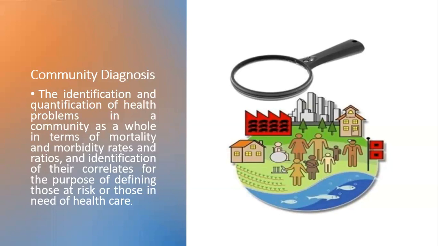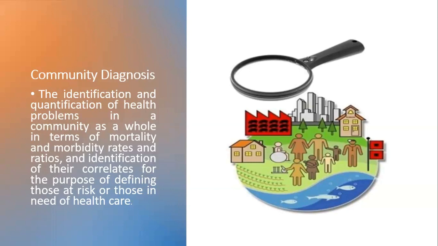So first we will identify what health problem a community is having, and then we will quantify what will be the mortality or morbidity rates because of that identified health problem. And then ultimately we are going to identify the risk factors, or the persons in the community who are at more risk, like certain diseases are affecting some gender, and certain diseases are affecting more elderly people.